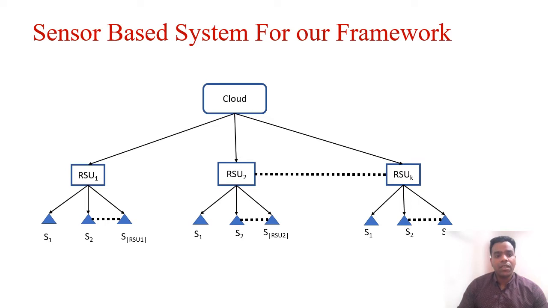The sensor-based system architecture can be seen in this image, where on the ground level we have sensors deployed per road segment that collect information per road segment. This collected information is cumulatively sent to an edge device known as a roadside unit, which can perform some computation to decide if a road segment contains any incident or not. This information can again be sent to a cloud server for larger simulation.